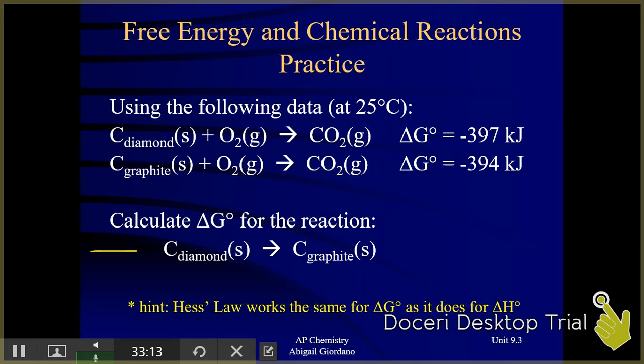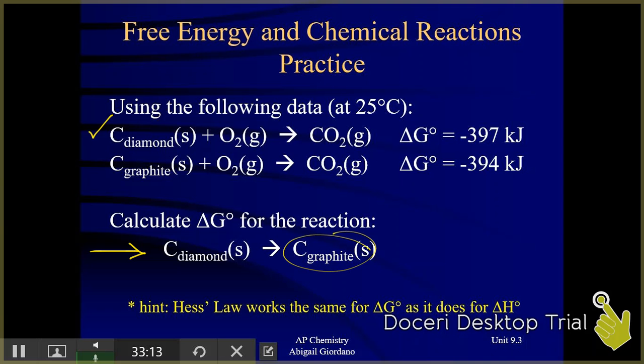If this is the overall reaction I am supposed to end up with, carbon diamond, where is it? Here it is. Is it on the correct side? Yes. Does it have the correct coefficient? Yes. Fine. I'm going to leave this first elementary step alone. I don't have to flip it around or anything.